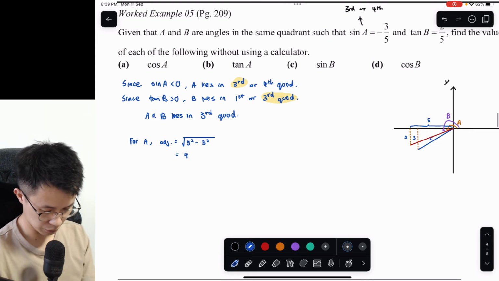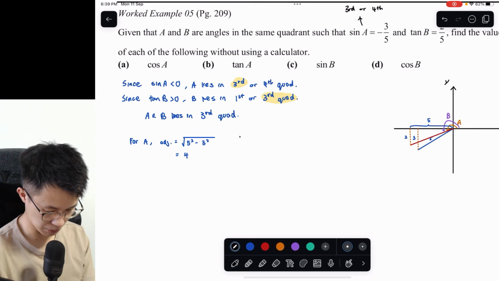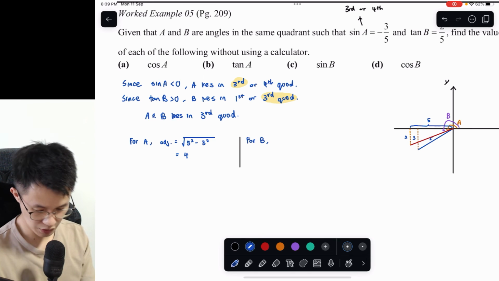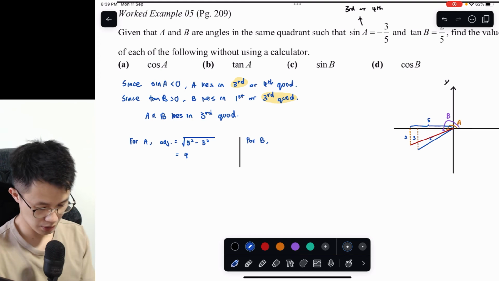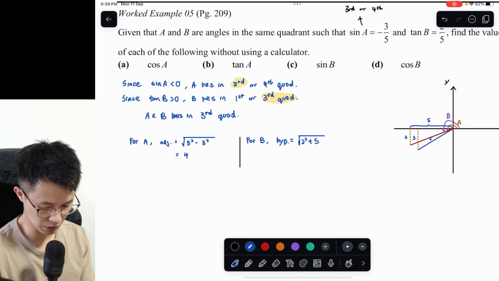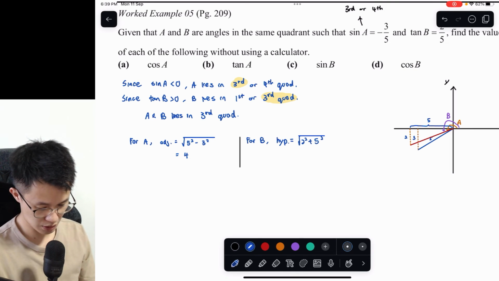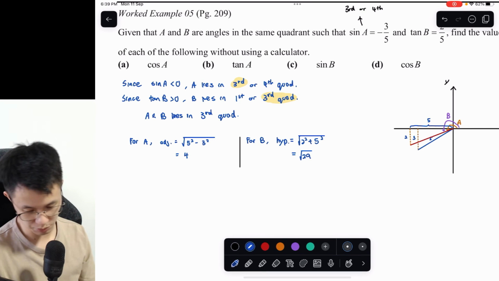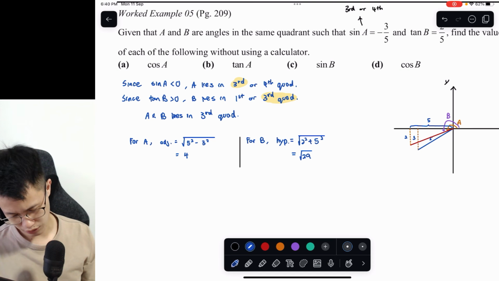Then for B, I'm going to draw a line to make sure we get it straight. For B, we are trying to find the hypotenuse. So the hypotenuse is equal to the square root of 2 squared plus 5 squared. This is square root 29. I'm going to leave it as square root 29 because 29 is a prime number.